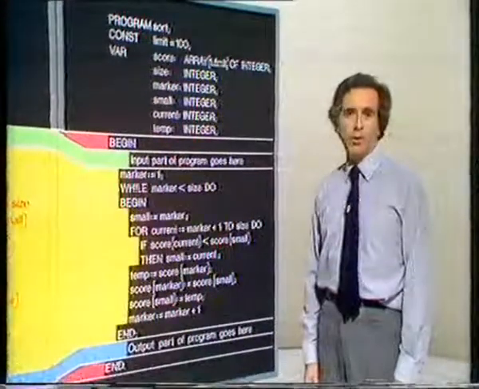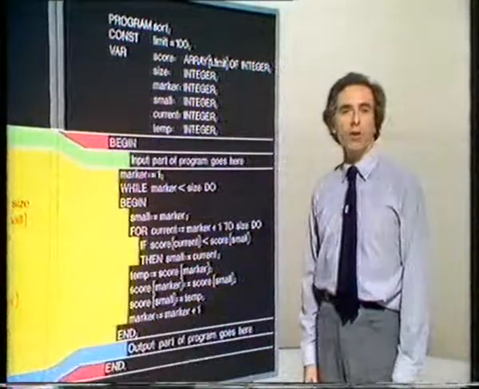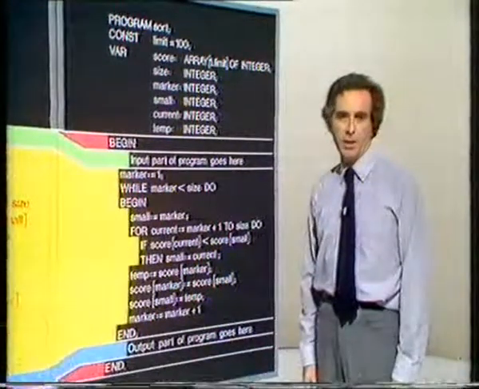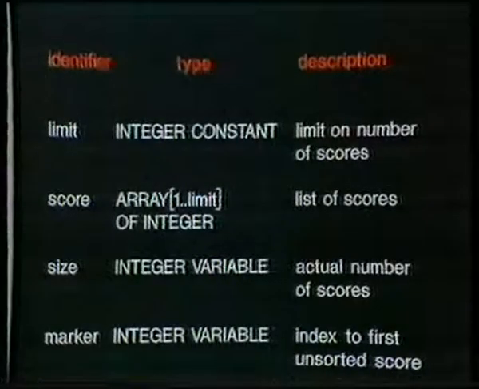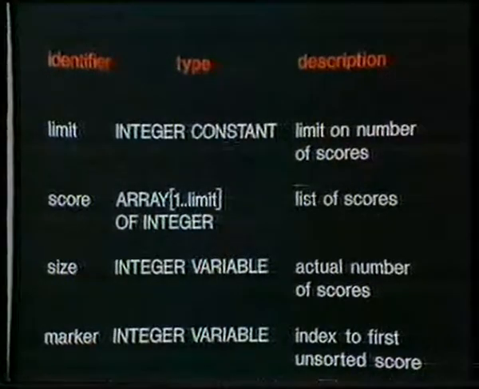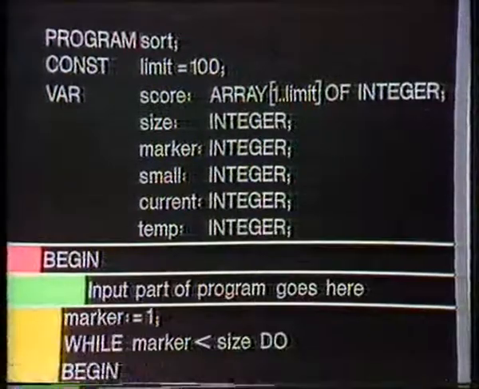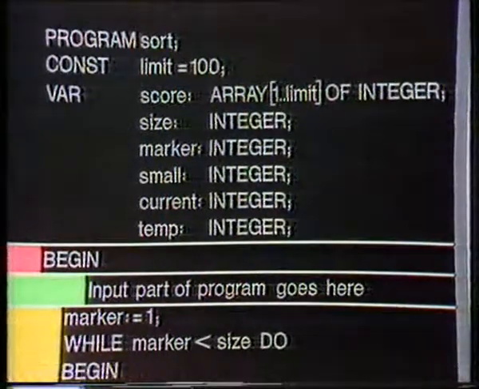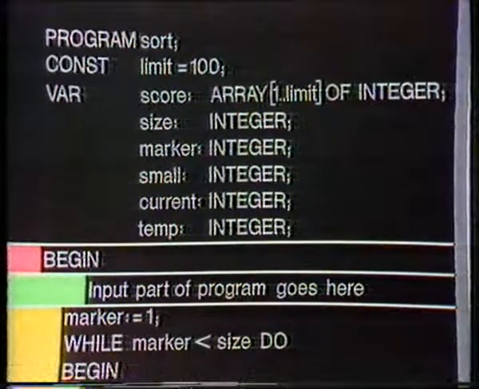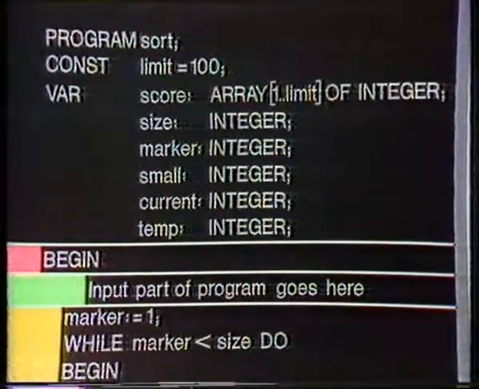Let's look at the declarations part first. It corresponds to the data table that we've been building up. These are the data items we're using, one constant and several variables. If we just leave out the description of each item, what we get is almost exactly the declaration part of the Pascal program. So here are the declarations.